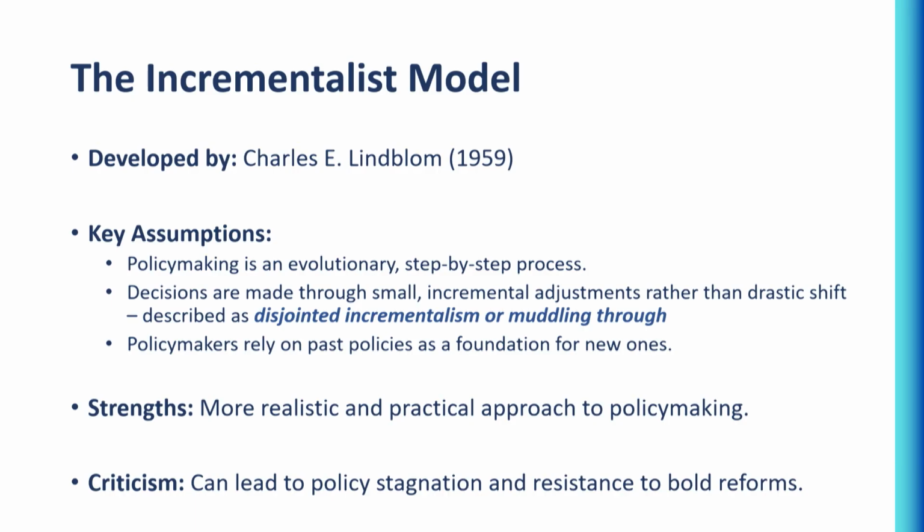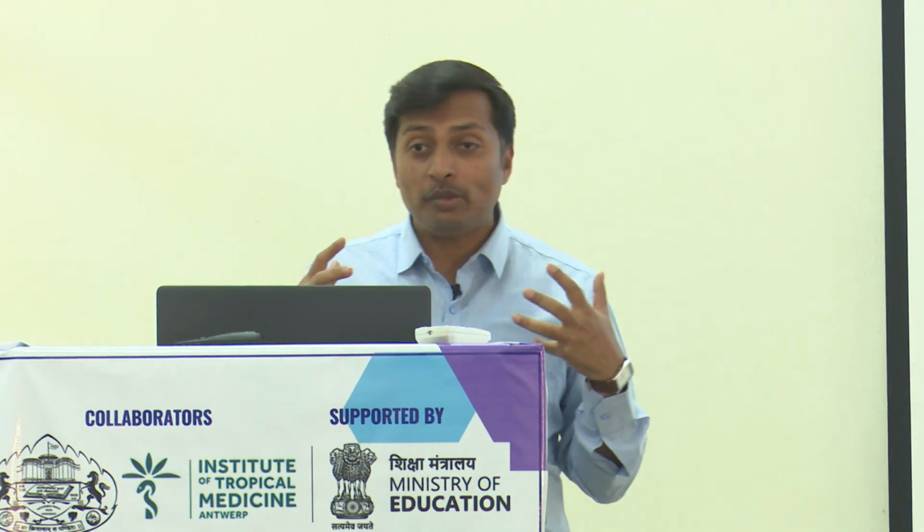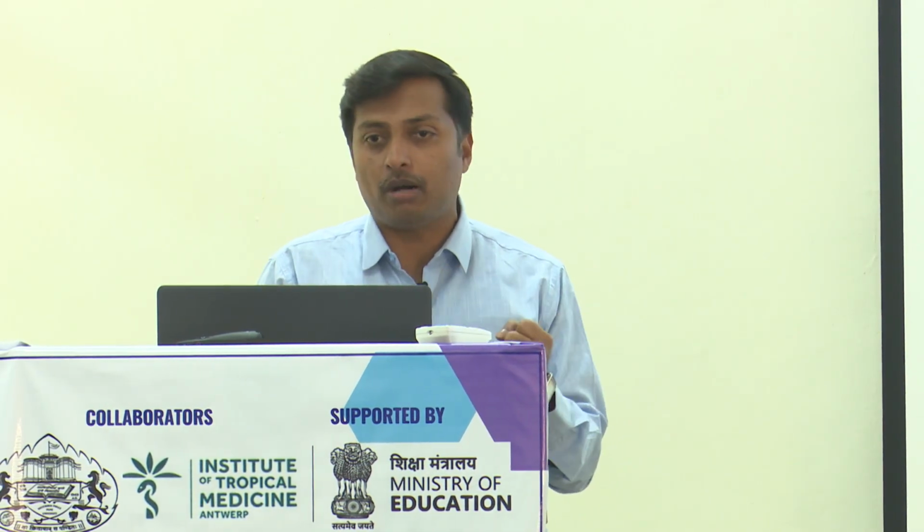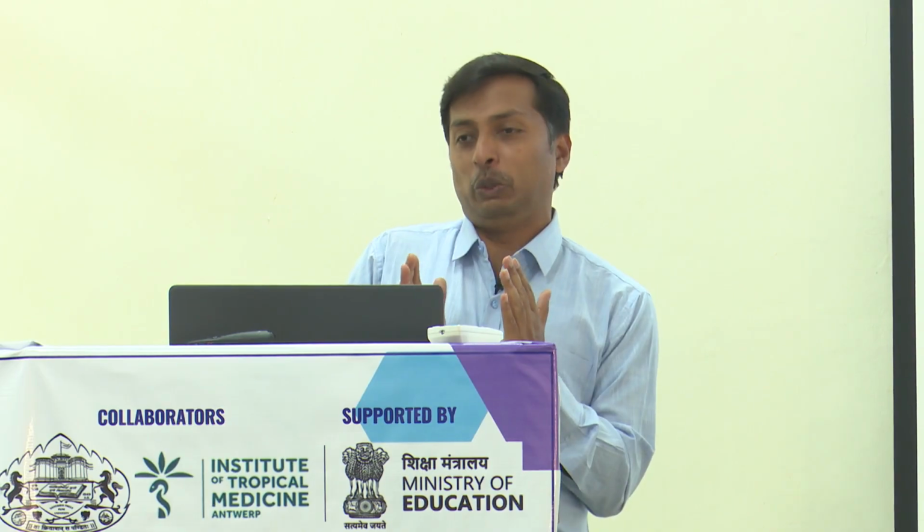It will still be unchanged, but there will be small incremental changes that keep happening to the policy. The strength is that it is a more realistic and practical approach, but at the same time there is criticism that it can lead to policy stagnation and resistance to bold reform. Because if somebody comes and says, no, this needs to be drastically changed, we need a complete reform, this model will restrict it, because it will go in an incremental way.